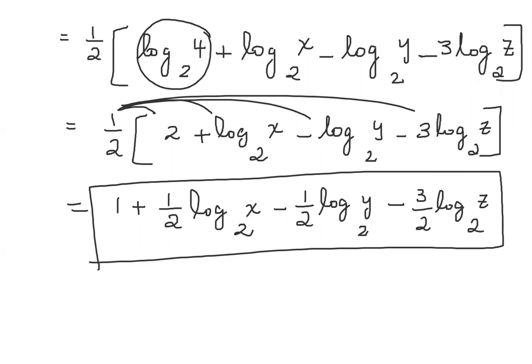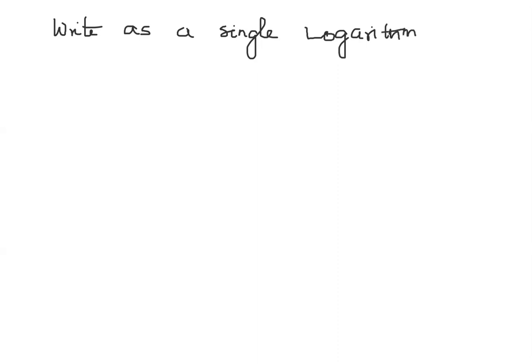Okay, so the next one I'm going to show you how to put the logarithmic expressions into a single logarithm. So write as a single logarithm. So we are going backwards. Okay. So far we applied the property by expanding them.